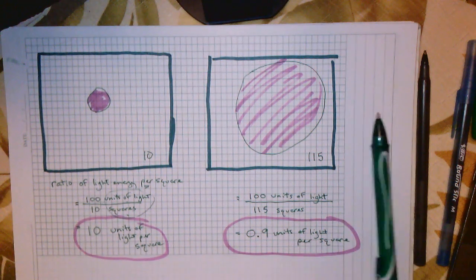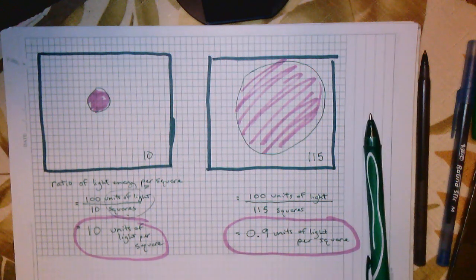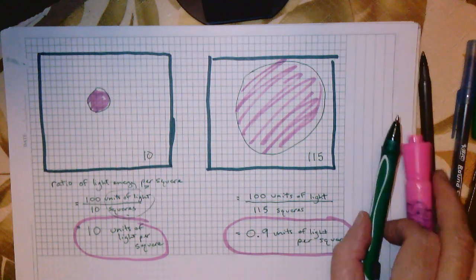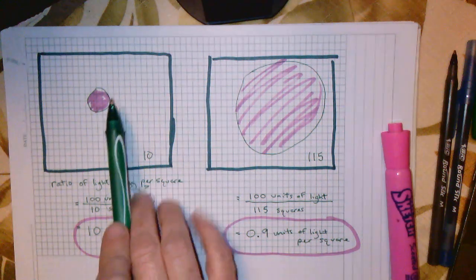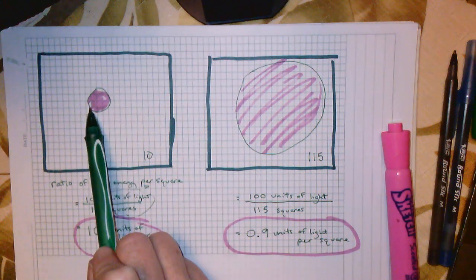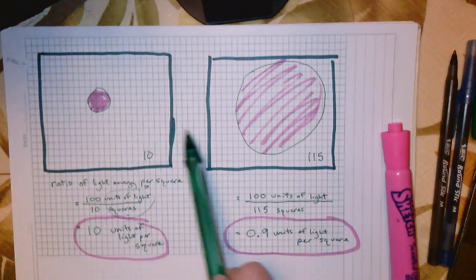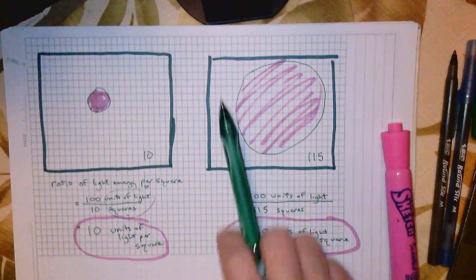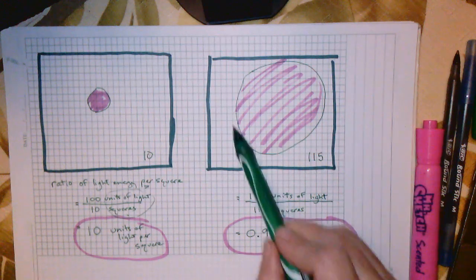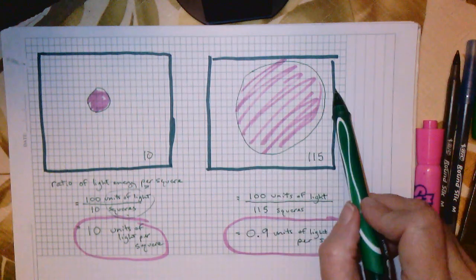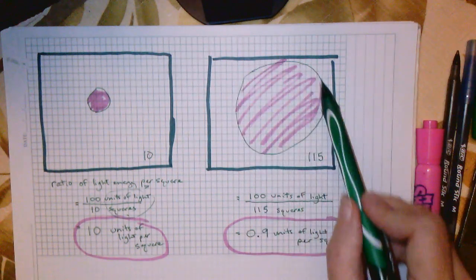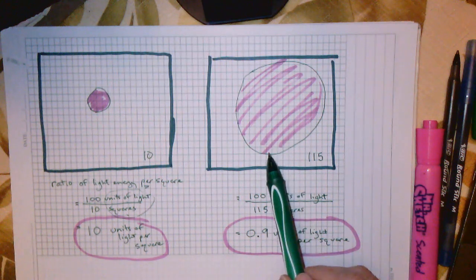The next question I want to ask you is, okay, is it from the equator or from the poles? When you were making observations of your globe, you noticed that the light at the equator covered a much smaller area and was almost always a perfect little circle. But by the time you got up to the poles, it was much more spread out. Sometimes it even went right to the edges of the paper. It was not necessarily shaped like a circle.